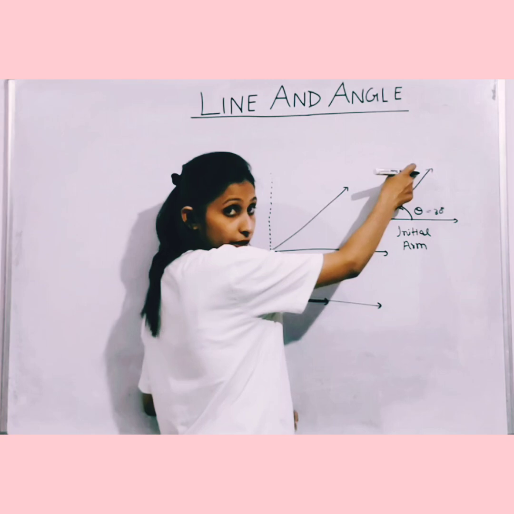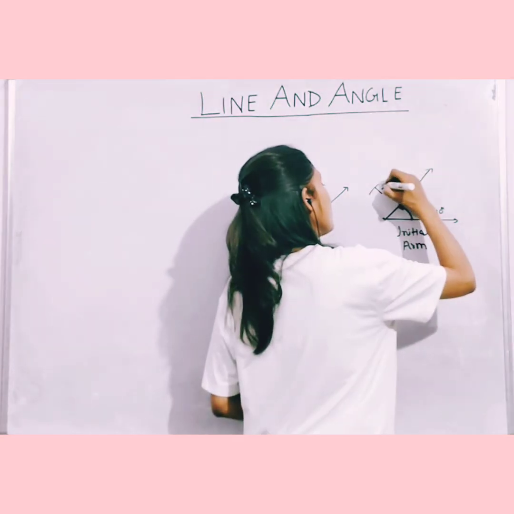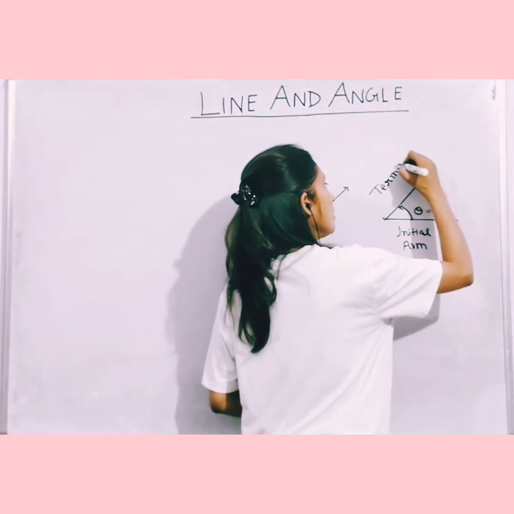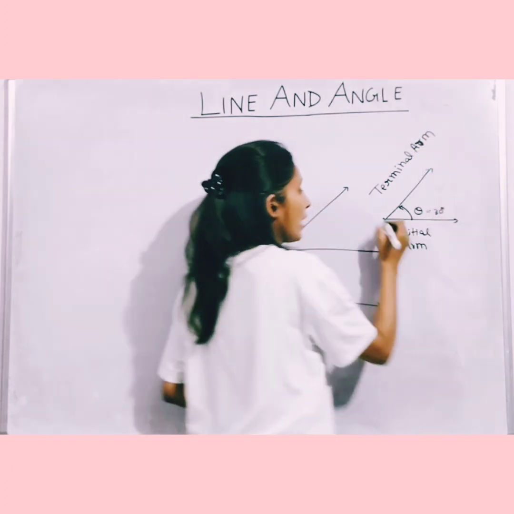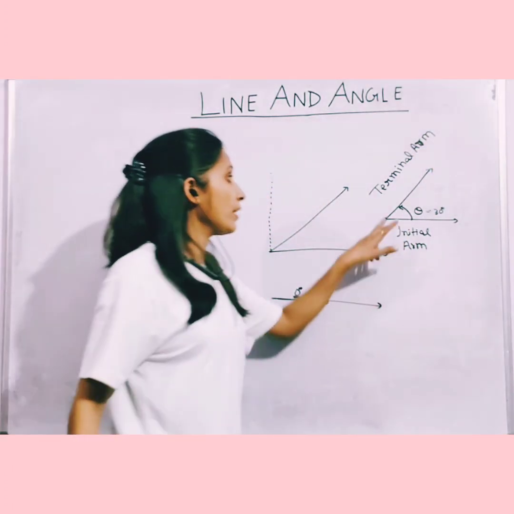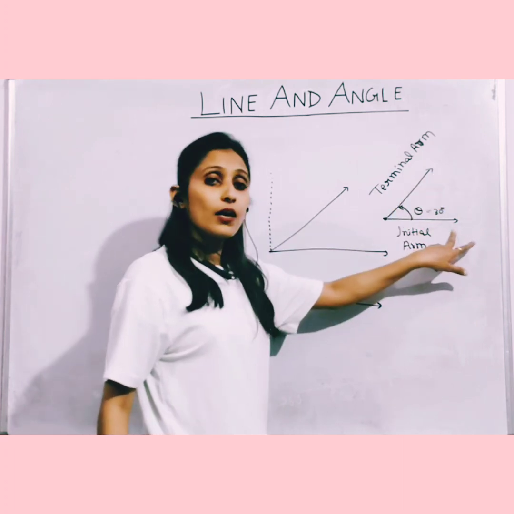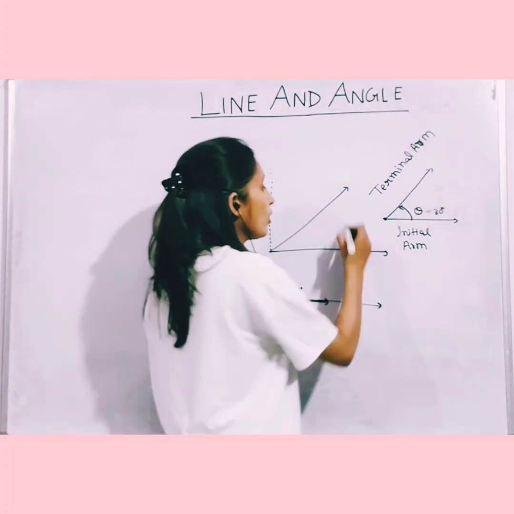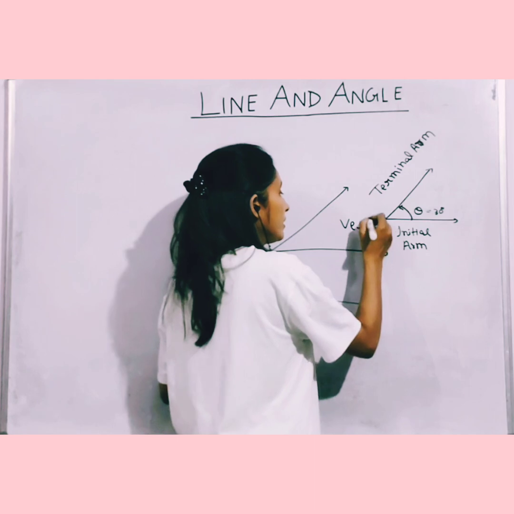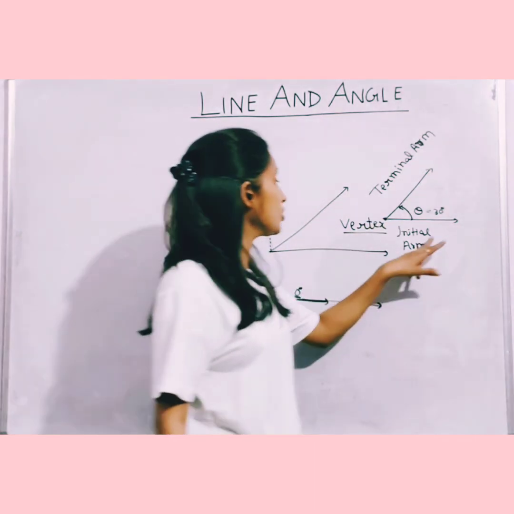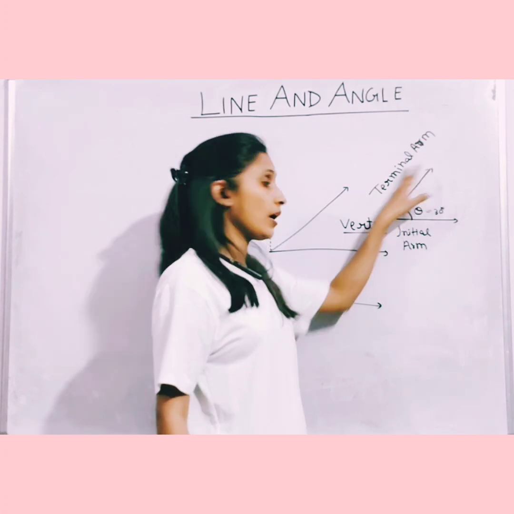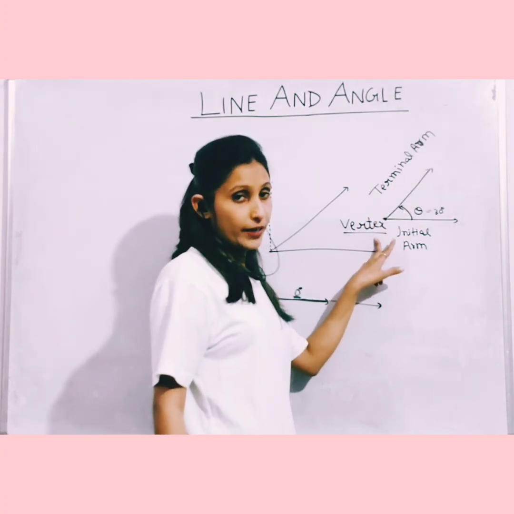And we reached here, right? So this becomes our terminal arm. And the point from where the two rays are originating will be called the vertex. So I hope we are clear with the terms initial arm, terminal arm, and vertex, right?